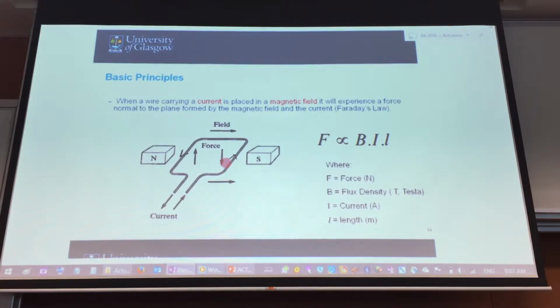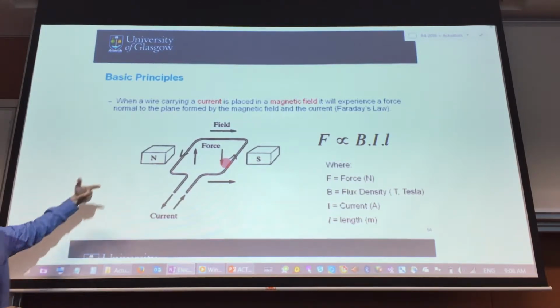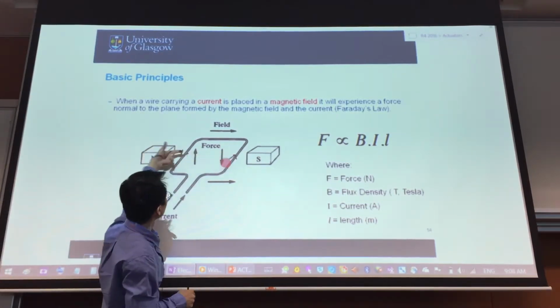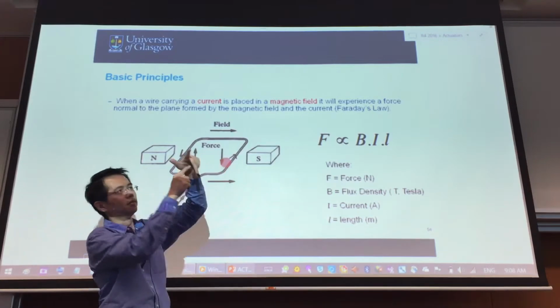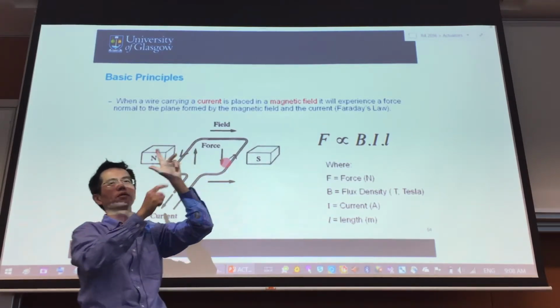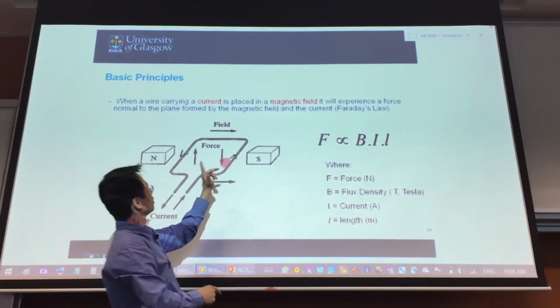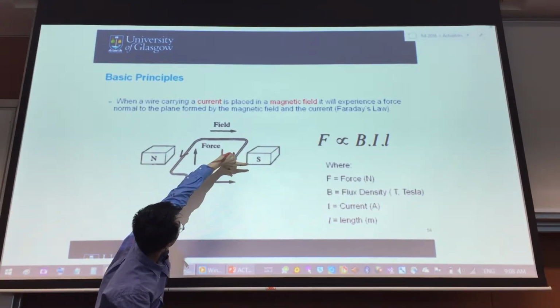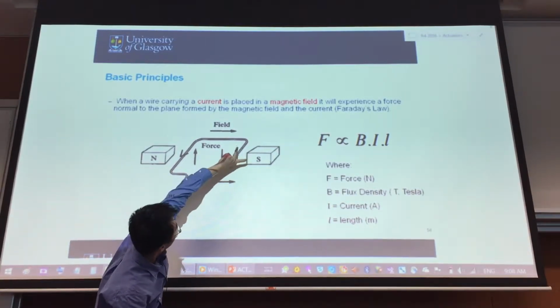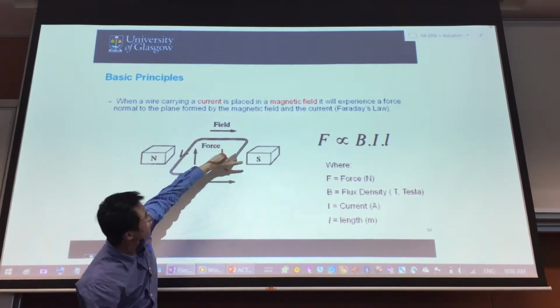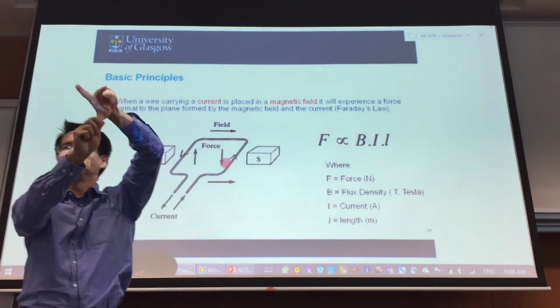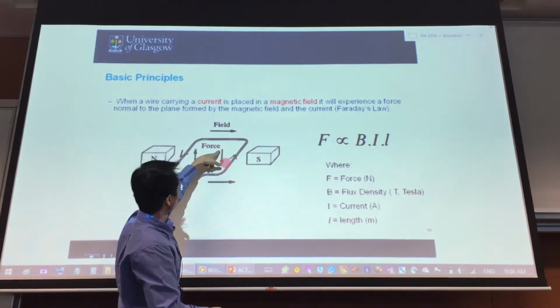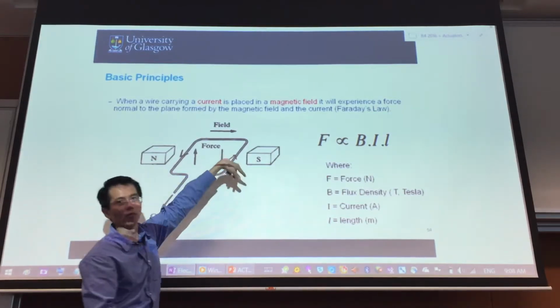This finger over here is where your field goes from the north to the south pole, so in this case it's going to be that. And this finger over here is for the current. Try to position yourself such that you go that way, right? The current is going up. Then you get the motion for the motor. The motion says that this part here is going downward.